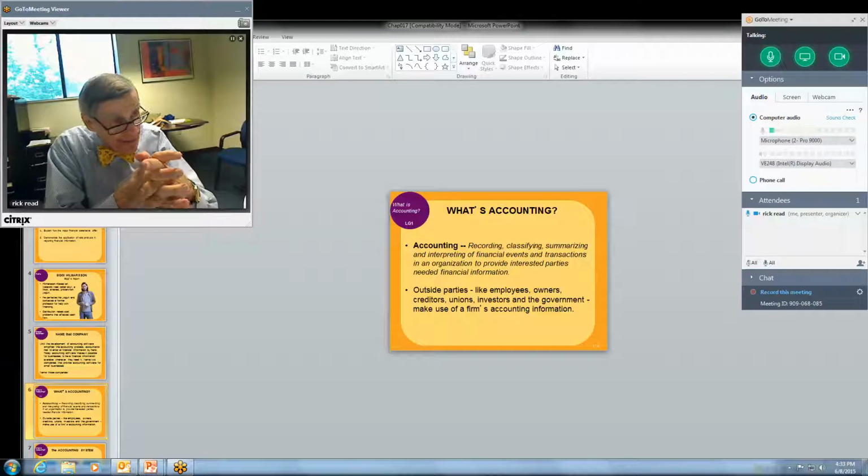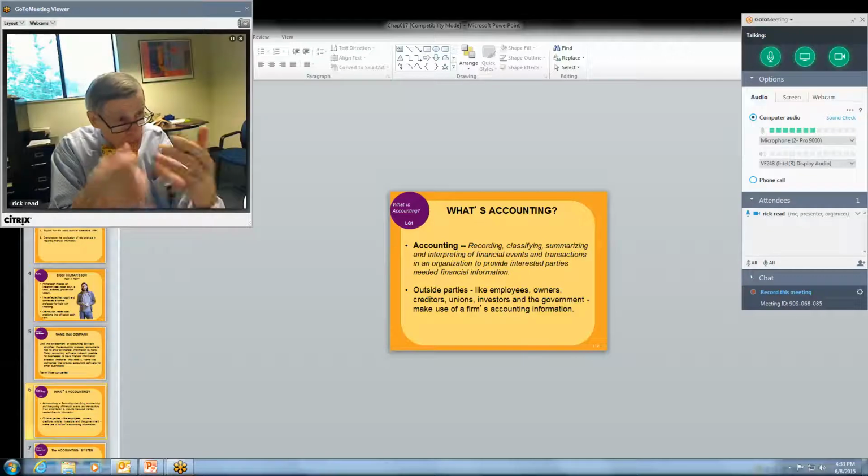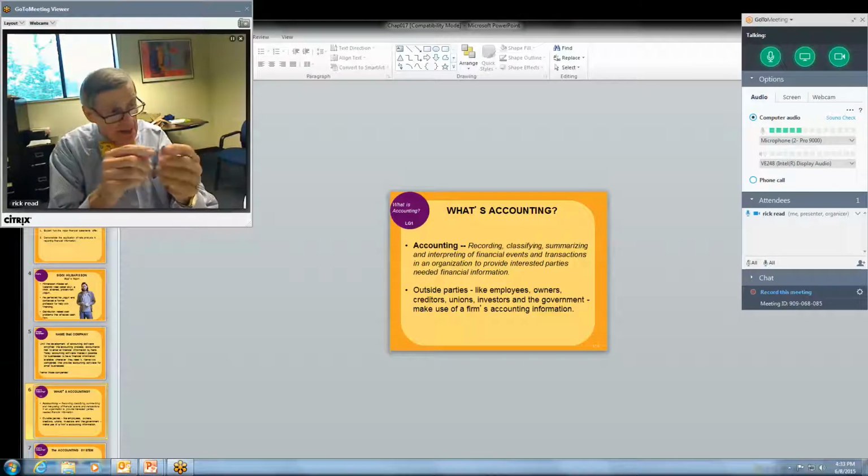And it talks about the firm's information, its accounting information. And what this essentially does is tell the outside world, as well as the inside world, but mostly the outside world, the financial health of a company at a particular time.